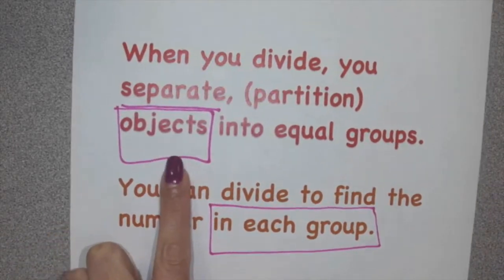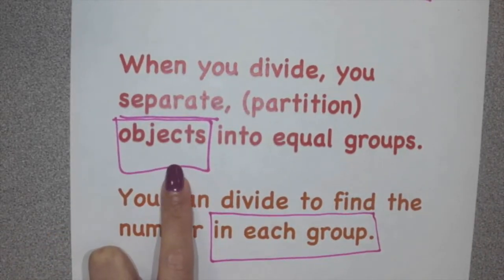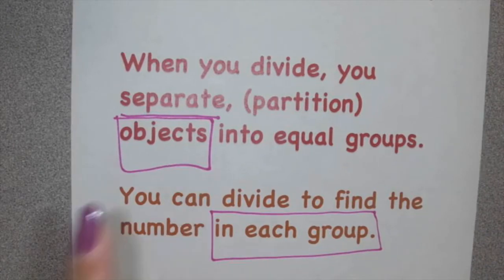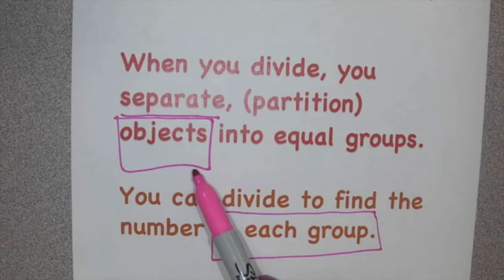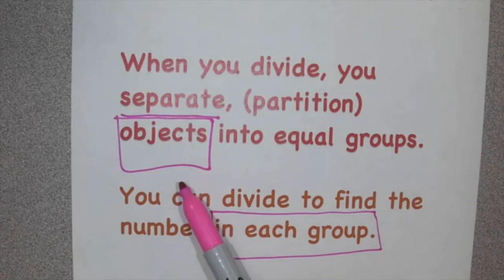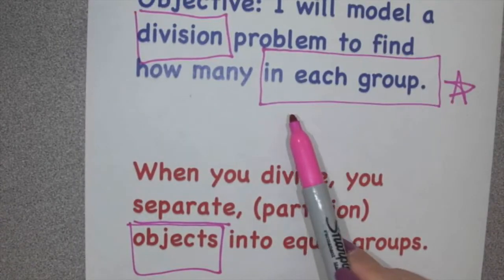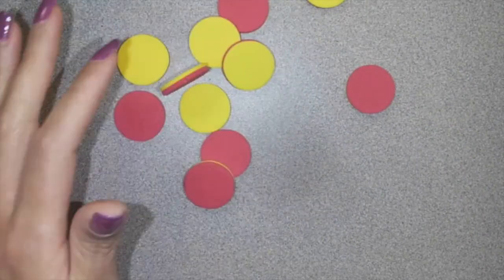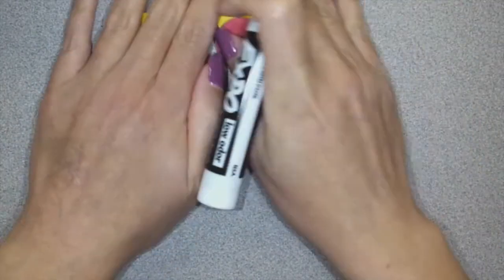The objects that I'm going to use today are counters, okay? So let me show you how I am going to separate counters to figure out how many in each group. How many go in each group? All right, let's start out. I have 12 counters, okay? 12 counters right here.